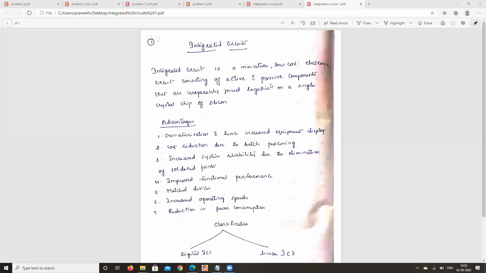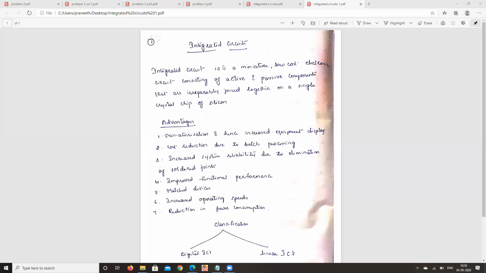Commonly, integration means combining different circuits, isn't it? So simply I can say that I am combining different circuits and joining and keeping them as one.